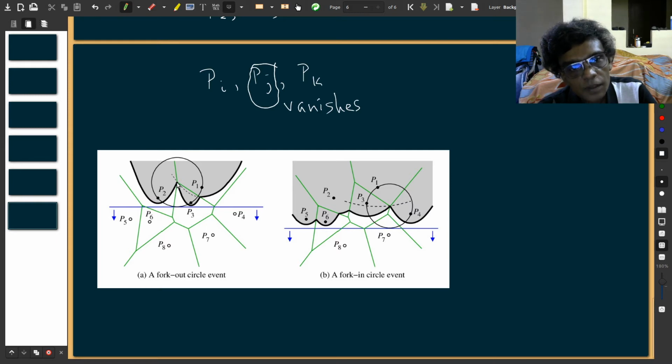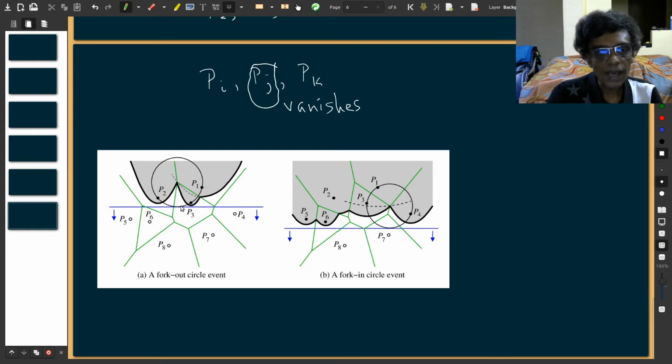Since three parabolas are meeting at a particular point, this says that the distance of this point where these three parabolas meet from P2, from P1, from P3, as well as from the sweep line, these four distances are all equal. Okay. This point to this point, this point to this point, this point to this point, and this point to this point.